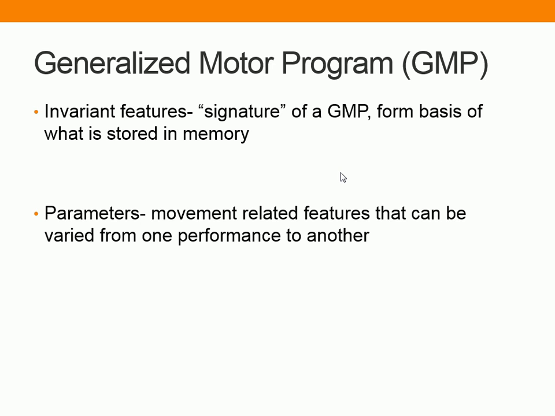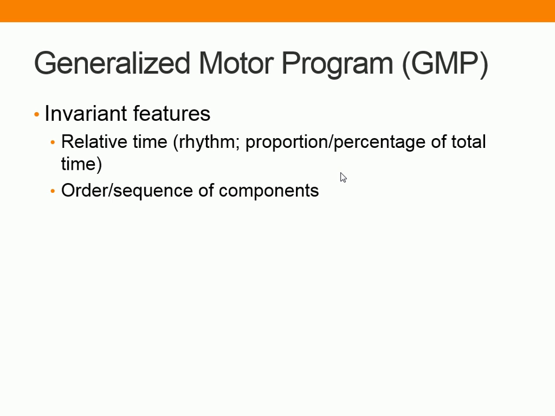Those are the parameters. To give some examples of invariant features, remember we're building from theory here, so to find examples, we basically had to look at behavior and try to find things that were consistent across related actions. Two things that stand out in invariant features are relative time and the order of the sequence of components. Relative time is essentially rhythm.